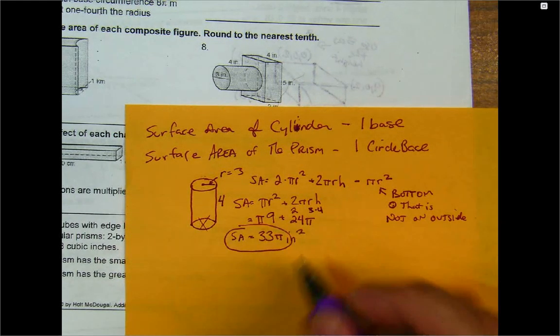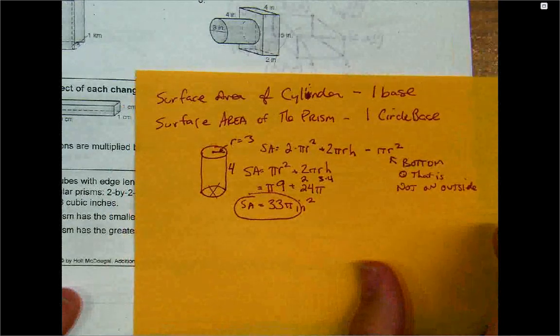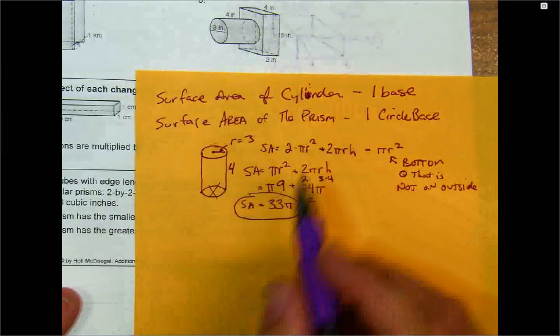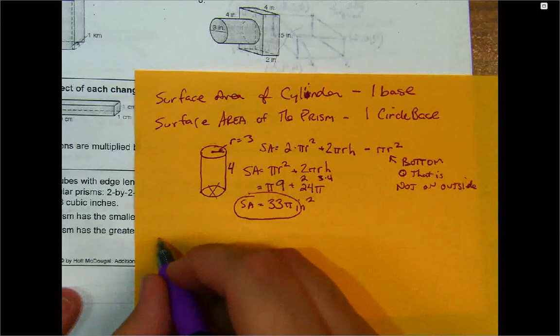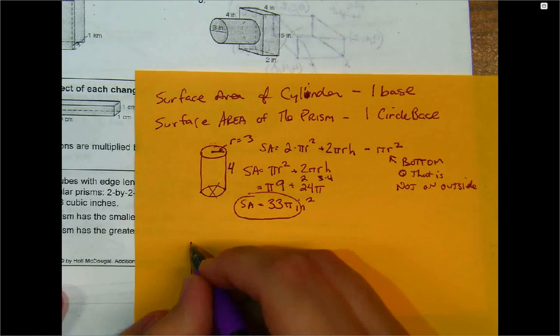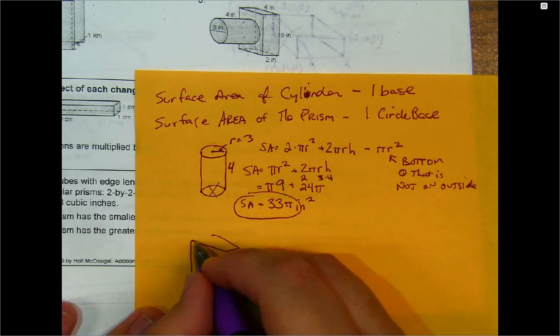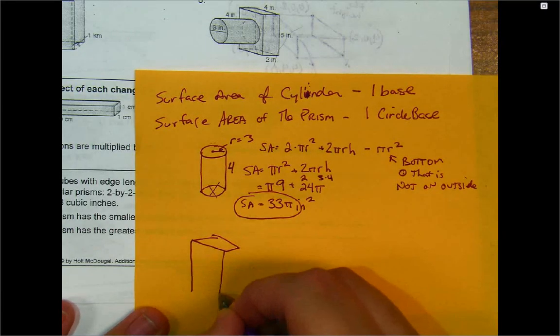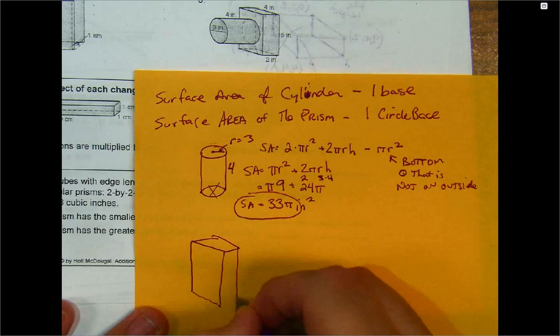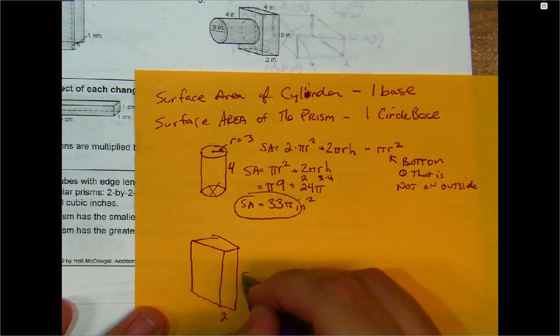Now for the surface area of the bottom, the rectangular prism, it's 2 by 5 by 4.